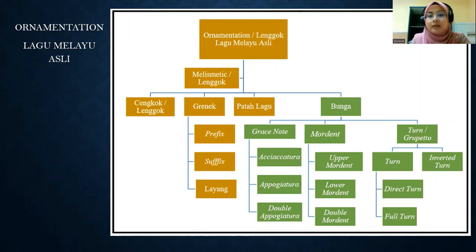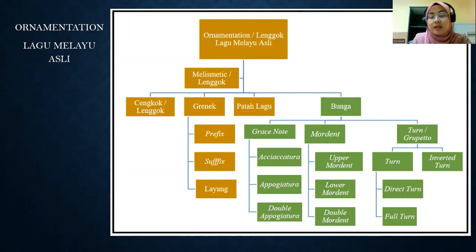And the second one is grenek, which sometimes comes with prefix and suffix. And some of the persons that I interviewed said there are some terms that they call layang in the grenek. And also patah lagu, which has various definitions.